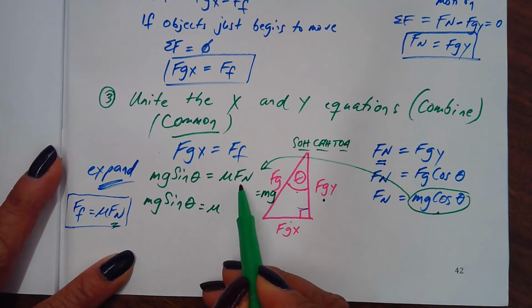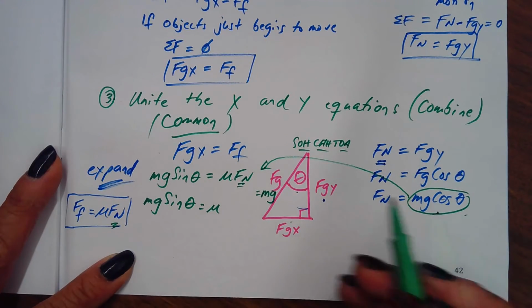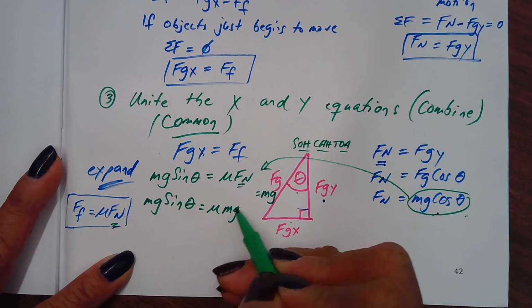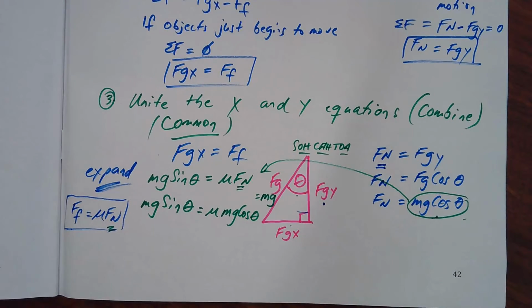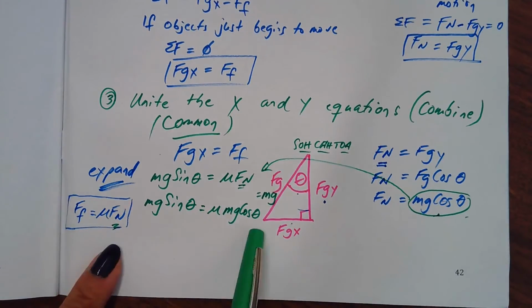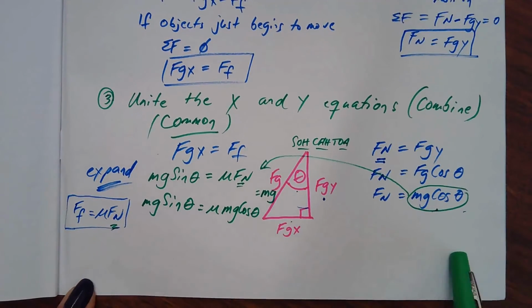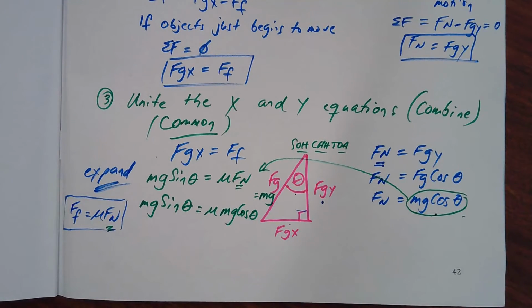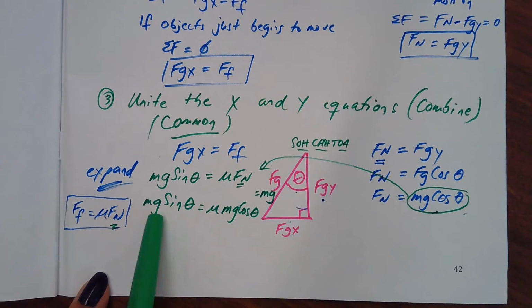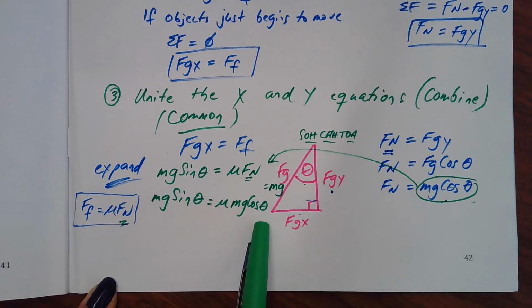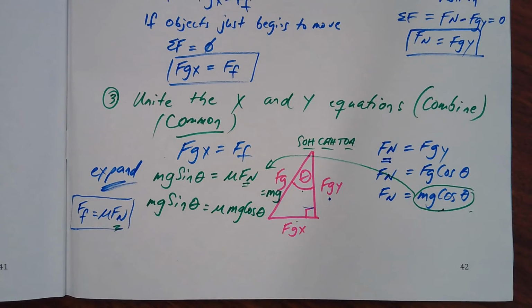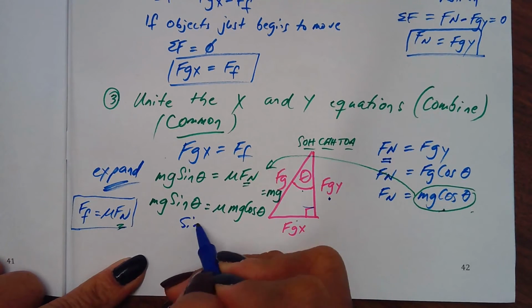So Fn is mg cos theta. Look at this, mu mg cos theta. So this is where we're at. We have put the y component into the x component. Now they're combined. So we're going to just work on this equation. Let's take a look at that one. Can we now simplify it? Can we simplify this equation?